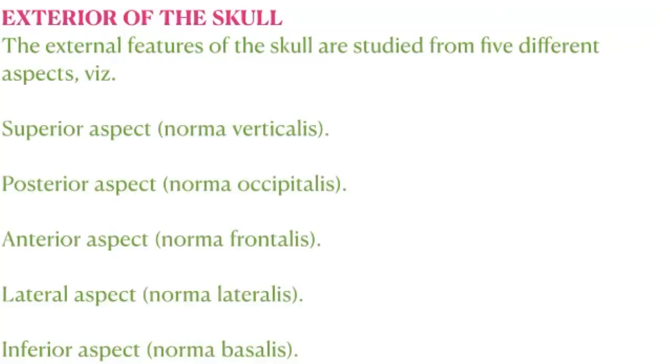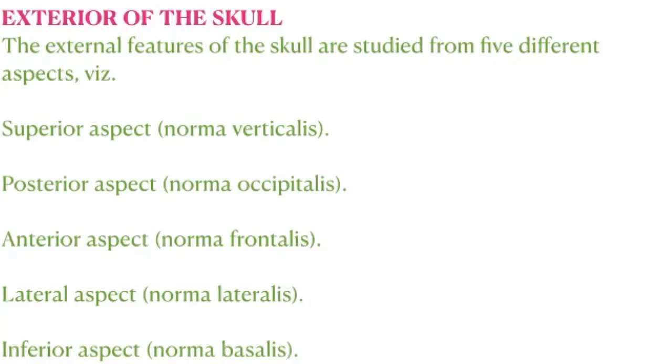Coming to the exterior of the skull. The exterior of the skull can be studied from all the views because we cannot view the skull entirely, right? That is not possible because the skull has many aspects, right?